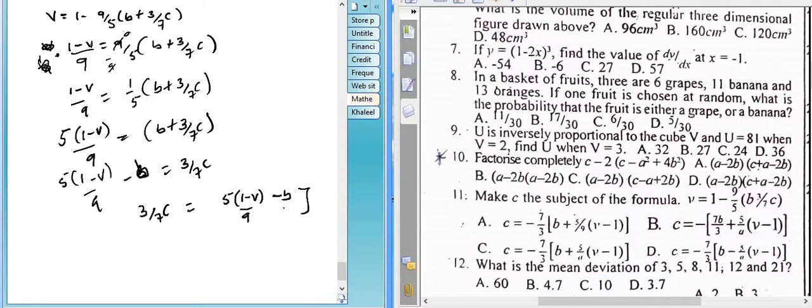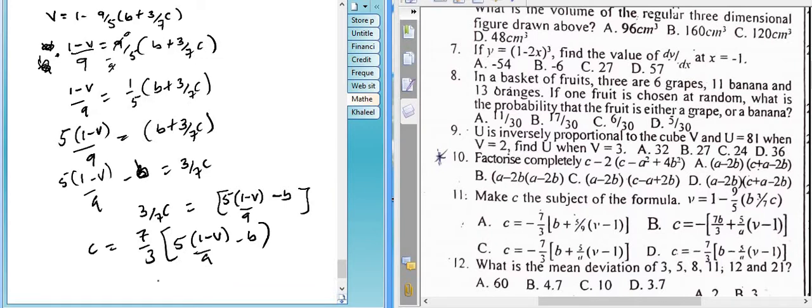So from here we can divide both sides by 3 over 7, then we can say c is equal to 7 over 3 into 5 into 1 minus b, then over 9 minus b.